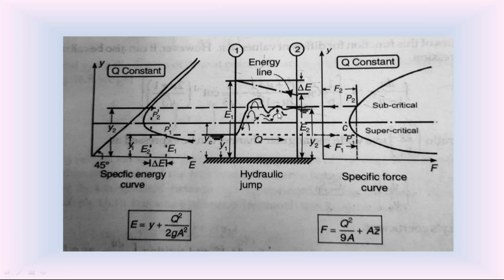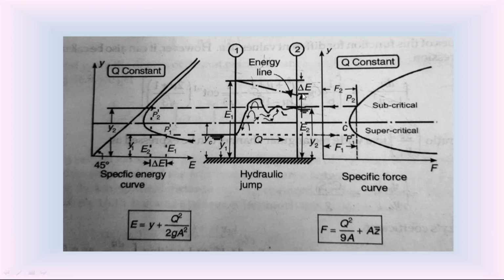This diagram indicates before the hydraulic jump, the water flow has more specific energy. After the hydraulic jump, the water has less specific energy. That indicates during this hydraulic jump formation, because of the turbulence, because of the rotational flow, there is a loss in the specific energy, delta E.